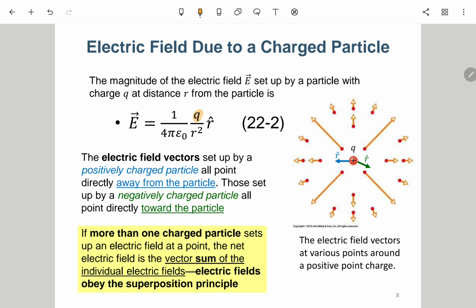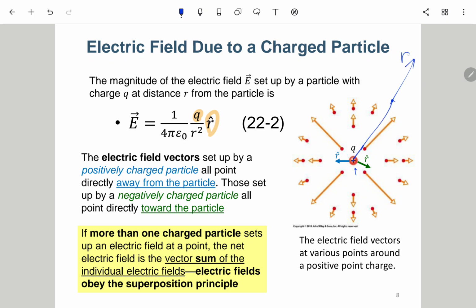Okay, here this is the vector form, so we also have an R hat here. For this case, we only have a single charge. The R axis for different points in space is defined by, let's say we consider this point, the R direction starting from this charge Q and connecting the charge with the point you are concerned with.